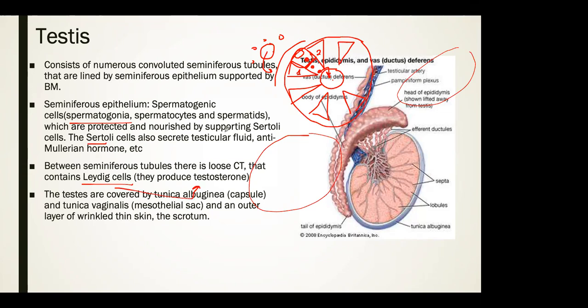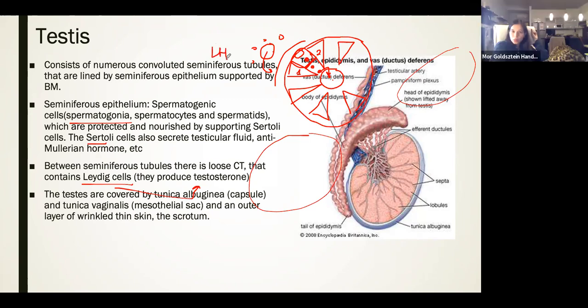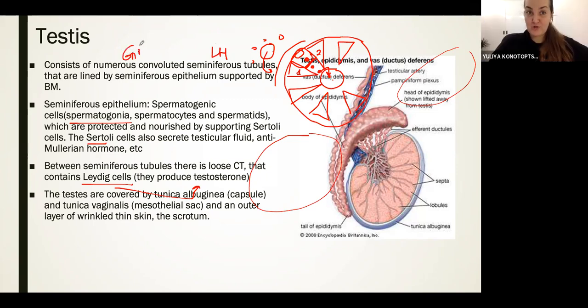LH. And who tells LH to be secreted? Hypothalamus. So GnRH. Which hormone controls everything here? GnRH. Okay, so GnRH will be controlling everything here.